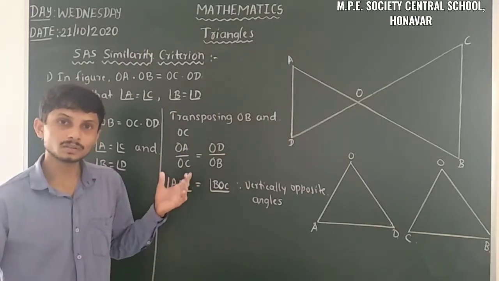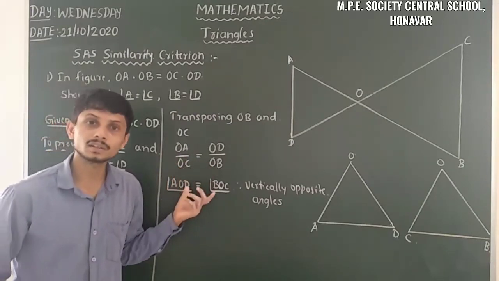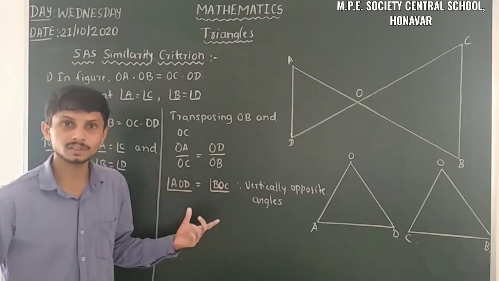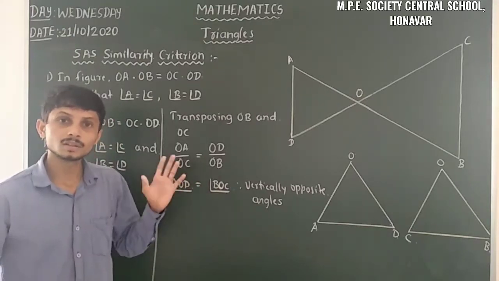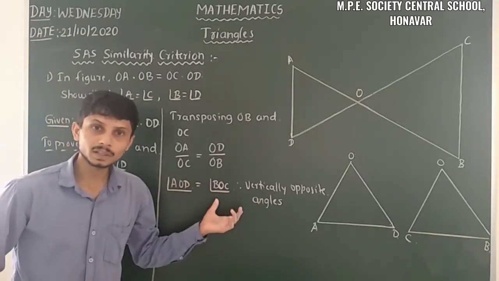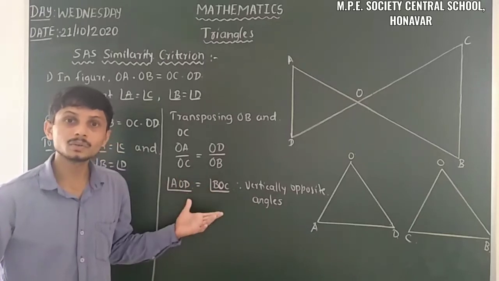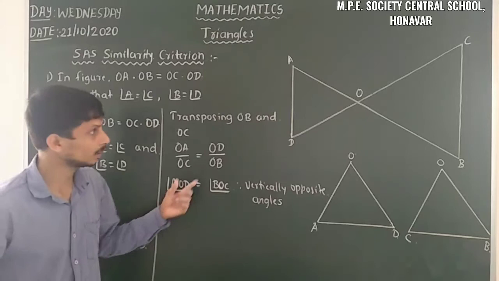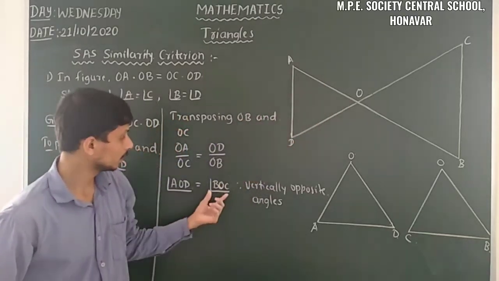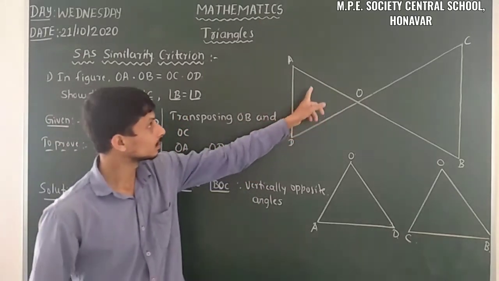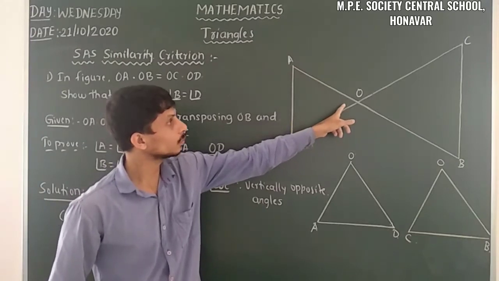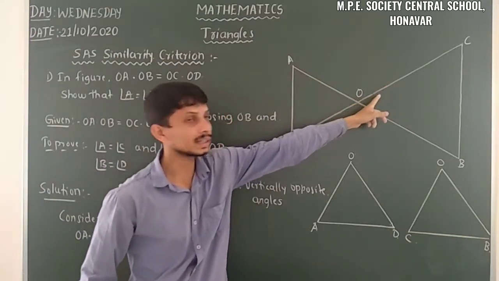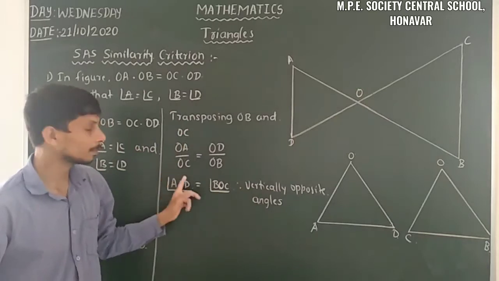Just observe, for the SAS similarity criterion we want one pair of corresponding angles equal and the included sides proportional. So consider triangles AOD and BOC. One of the corresponding sides is AO and the other is OC, so OA by OC.